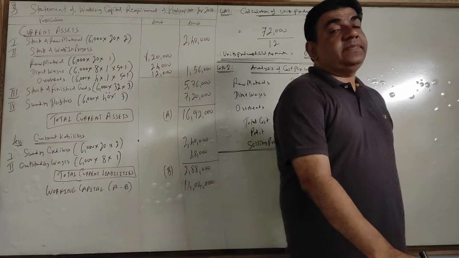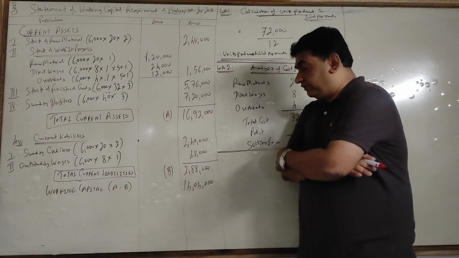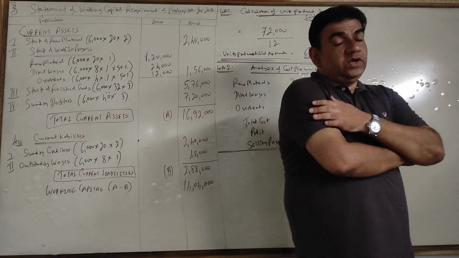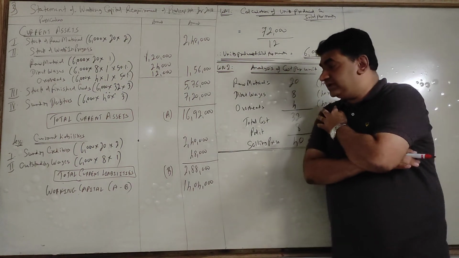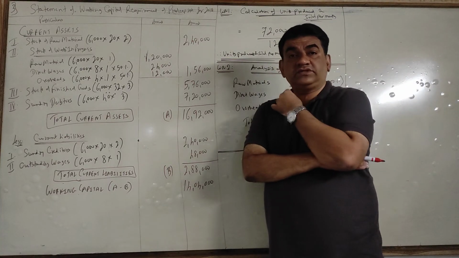So my working capital, A minus B, is 14,04,000.